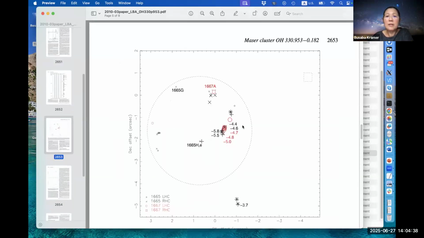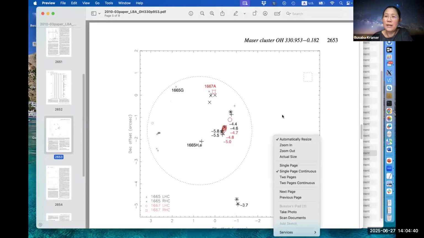And when you map it with the LBA, the resolution may be a little bit less than the VLBA, but it is enough to locate the cluster of masers. So it would be really great if we can do a couple of epochs matched with the variability, and then you will see which maser is actually flaring, whether it happens at the same position, meaning that area is really active and is the one creating this variability.